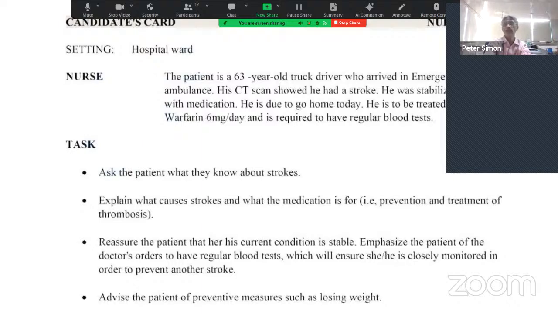Then next one, Michael Jackson. Now Michael Jackson answered. This is also what she has given. You're right, nurse.